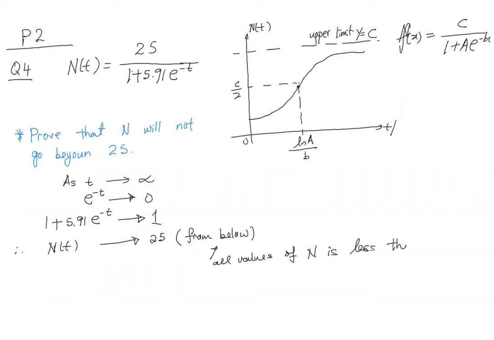So you just need to write from below, then you proofread it. Can or not? So you have to know, and this is the point A whereby n is increasing at the fastest rate.